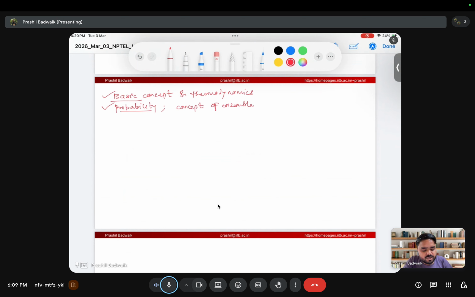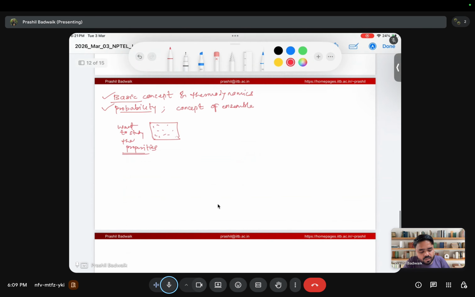That means if I have a system like this containing some gas molecules or some liquid, and I want to study the properties of the system, right, how it is evolving, so we take multiple snapshots, multiple pictures, and those pictures were collected, right?